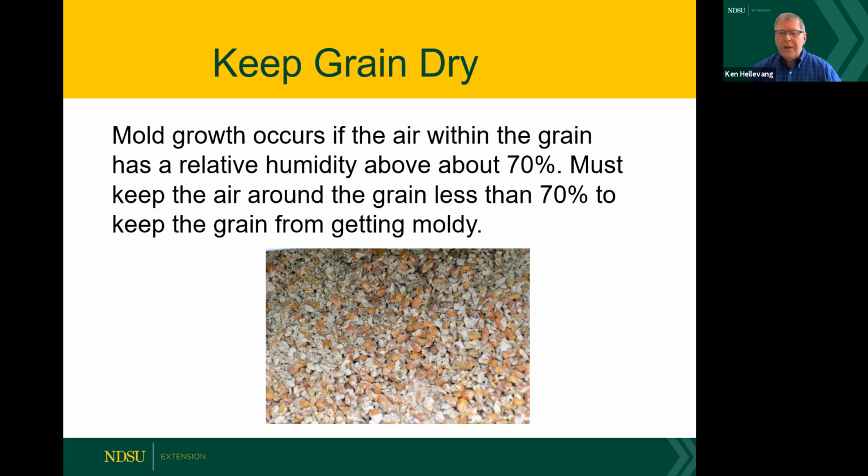So when we're looking at storage management, it's important for us to think of doing what we can to keep the humidity in that storage environment to less than 70% to keep it from getting moldy.